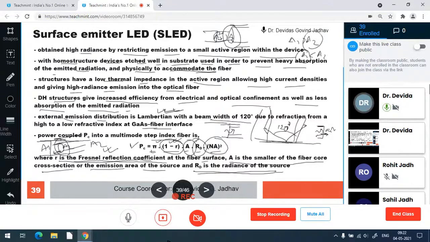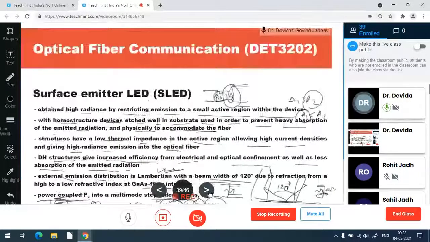If the optical fiber core area is smaller, then the core area is taken. Rd is the radiance of the source. Na is the numerical aperture of the fiber. So this is called coupling, the power coupled into the fiber. Pc is the coupled power into the fiber of a surface emitting LED.